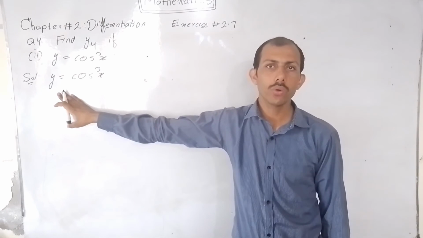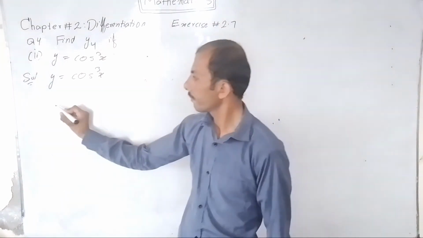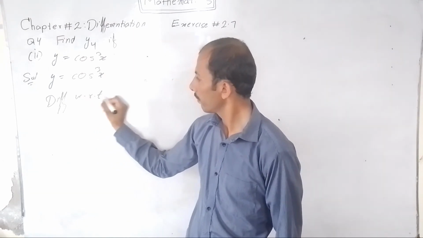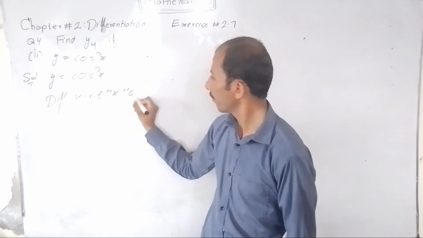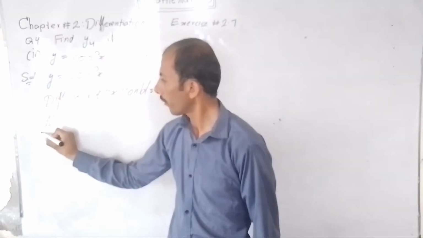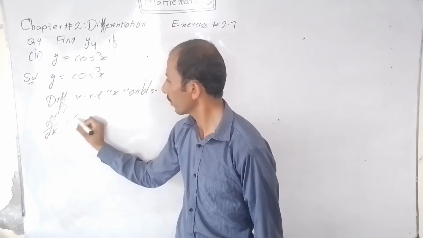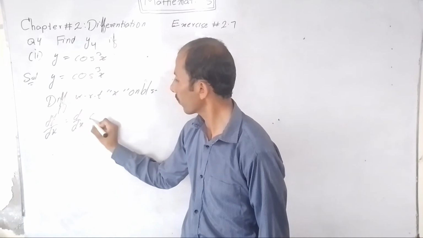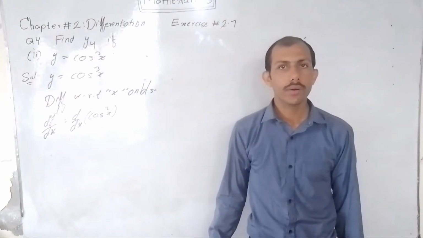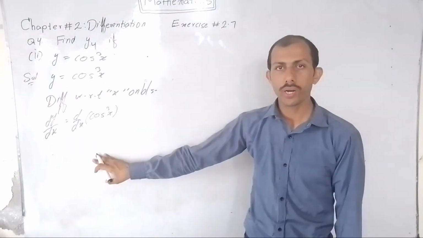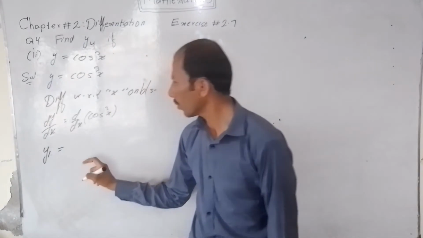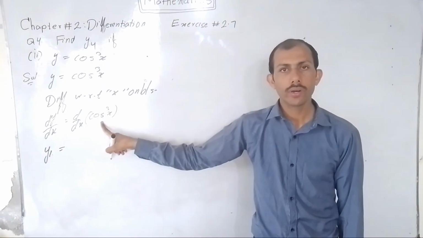Differentiate with respect to x on both sides. dy over dx is equal to the derivative of cos cube x. dy over dx can also be written in the form of y1, which is equal to the derivative of cos cube x.